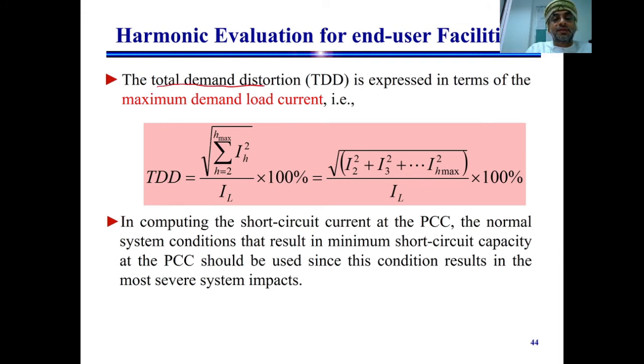This is total demand distortion, and over here it is in terms of the maximum demand load current. So again, what we need to find are the different harmonics, the root mean square for the second harmonic, the third, and so on. Then we put them under the square root, divide that by the maximum load current of the system, and that will give us what we call the total demand distortion.